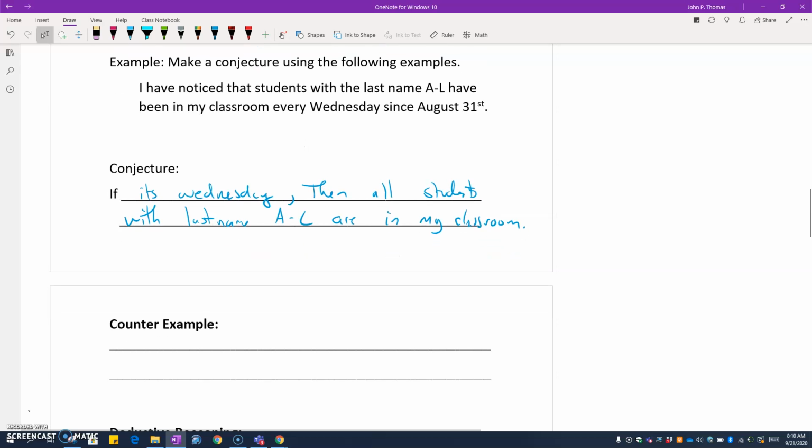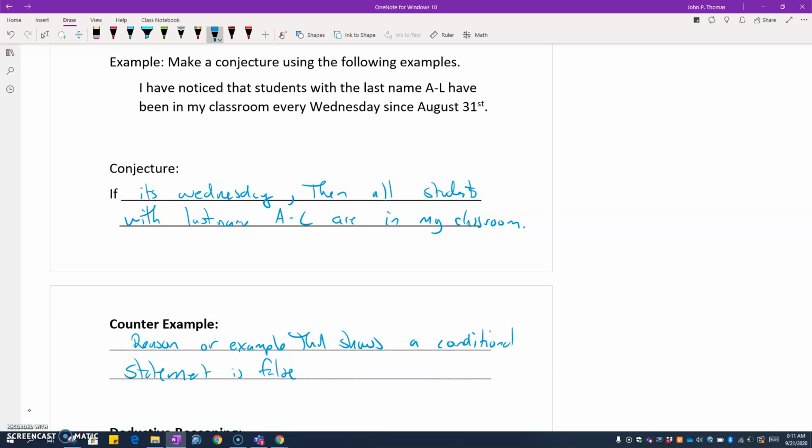Now, when we look at this, there might be counterexamples that we can come up with. A counterexample is a reason or example that shows a conditional statement is false.